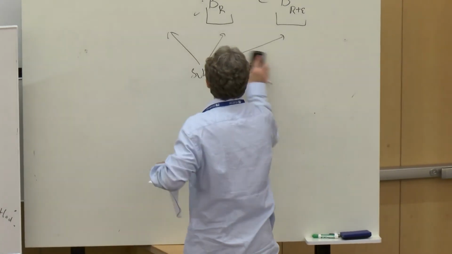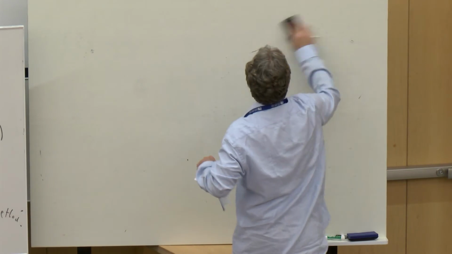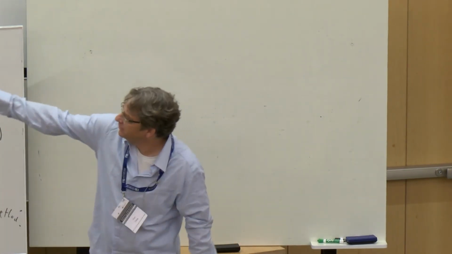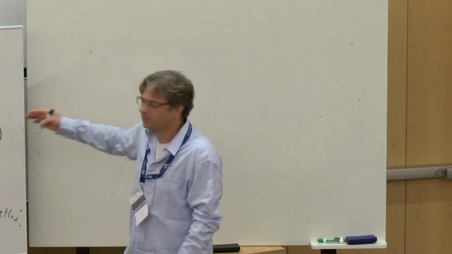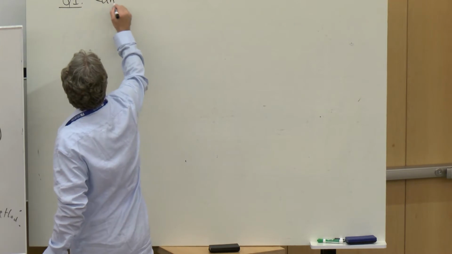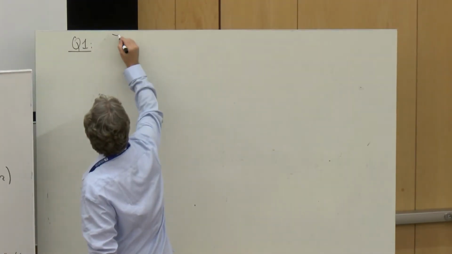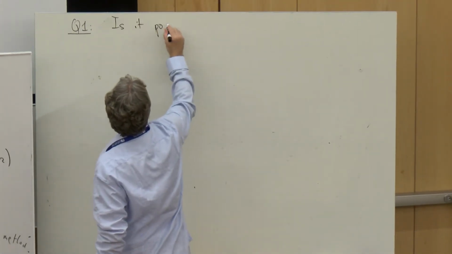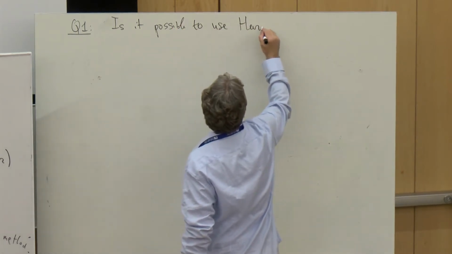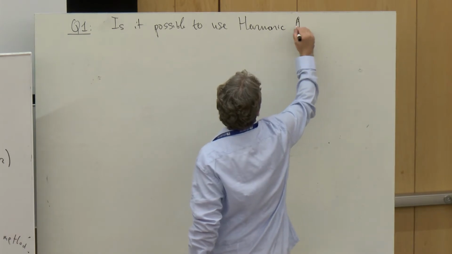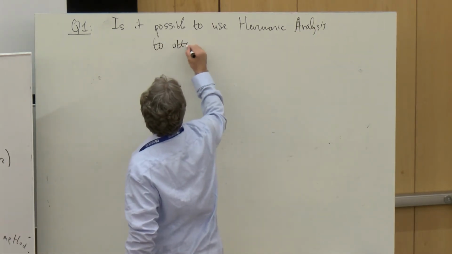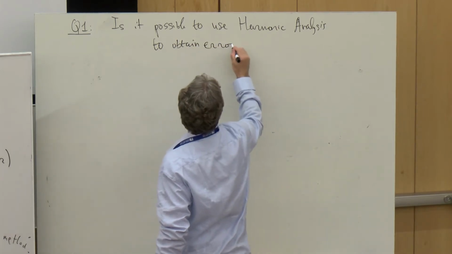first of all, can one push the analytic method to get error terms? And can one go beyond symmetric spaces? So, question one: is it possible to use harmonic analysis to obtain error terms?